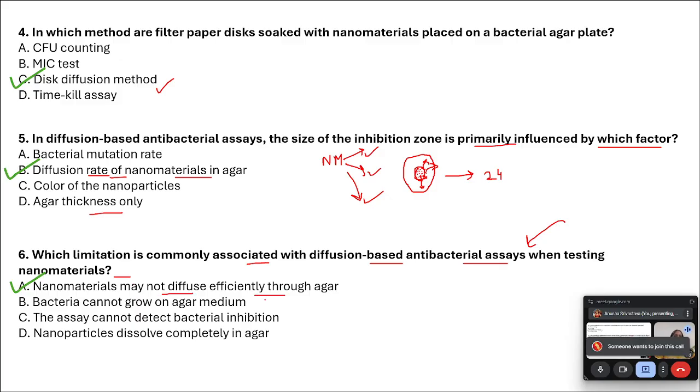This is one of the limitations, because if your nanoparticle diffusion rate is too slow in the agar, obviously the zone of inhibition would be affected.